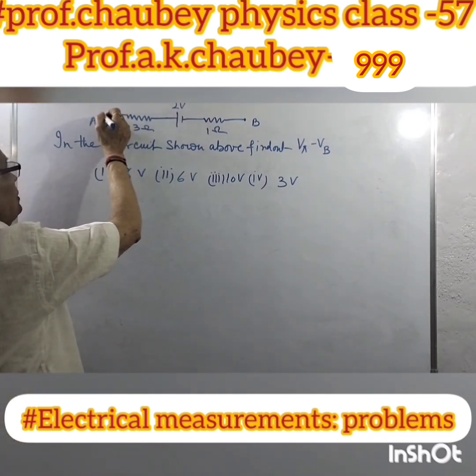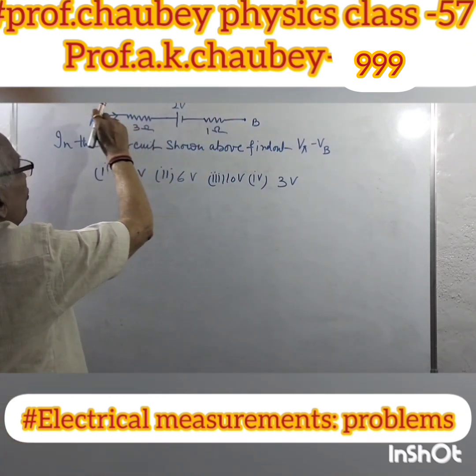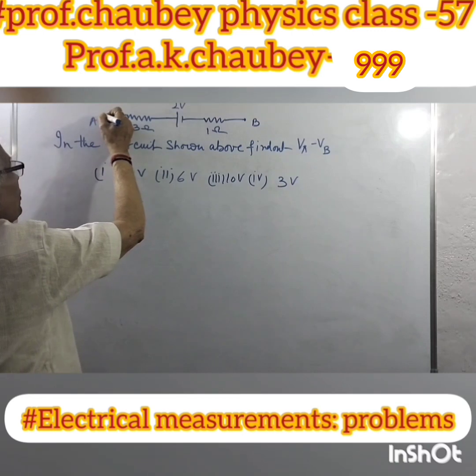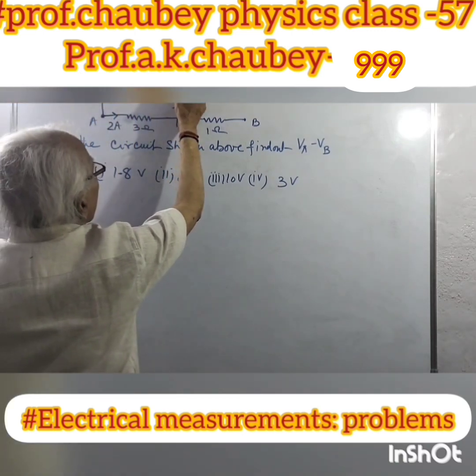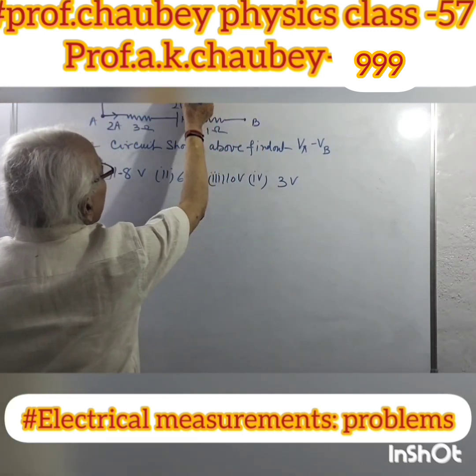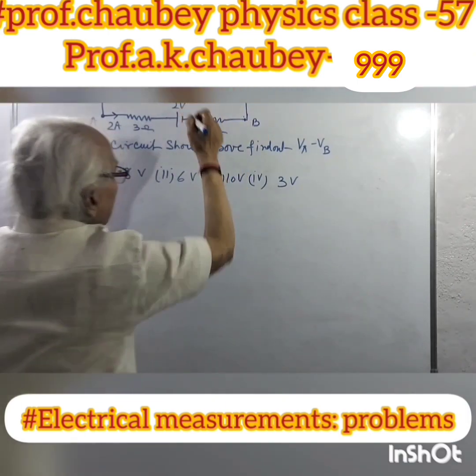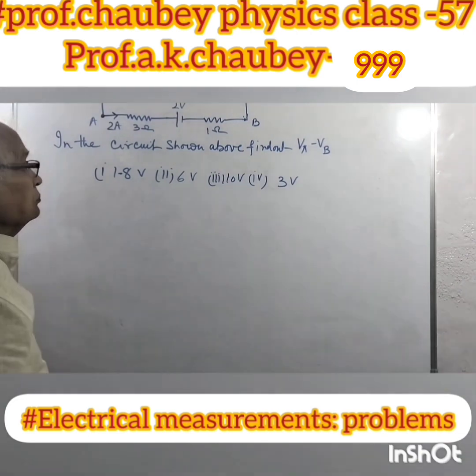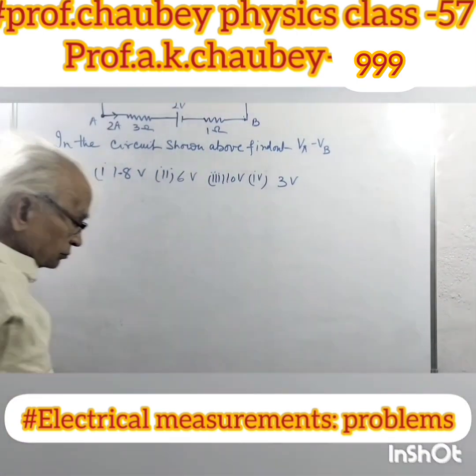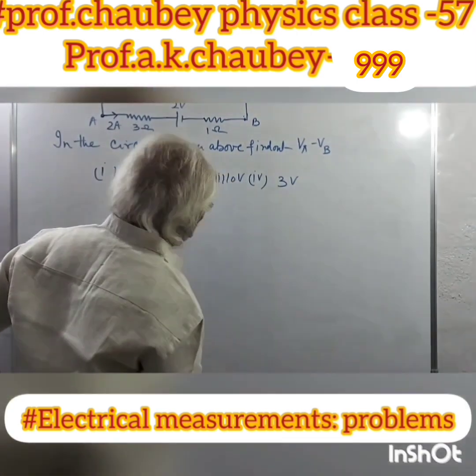So the potential means VA minus VB. What is the potential drop here? We measure the potential across these two. So you can write the equation.